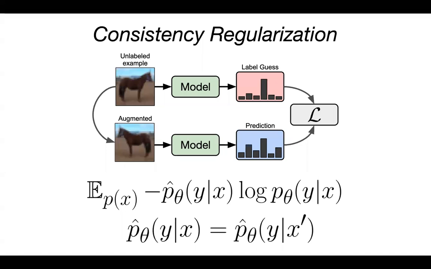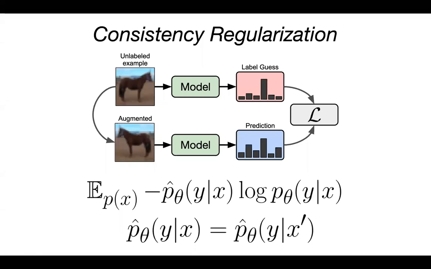What consistency regularization does is it takes an unlabeled data point and augments it, and we train the model to predict the output for the unaugmented image when the model is fed the augmented image. And again, that's the most common form. There are many other implementation details here. For example, people often apply a stop gradient operation between the loss and the model for the unaugmented image.